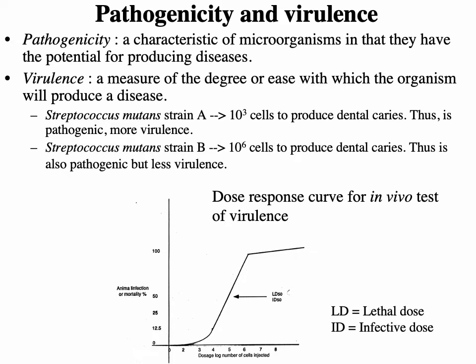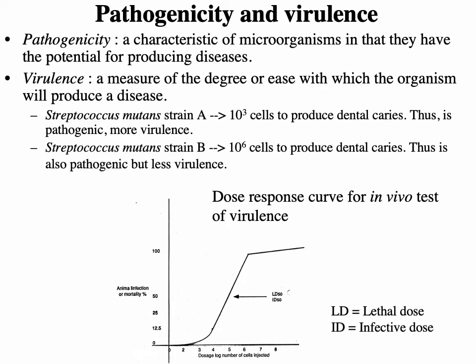The median infective dose, the ID50. Because caries doesn't kill a person, you cannot say lethal dose. In other disease models, the bacteria can actually kill the animal. So where 50% of animals are killed, that dosage is called the lethal dose, LD50. So there's a difference between lethal and effective dose.